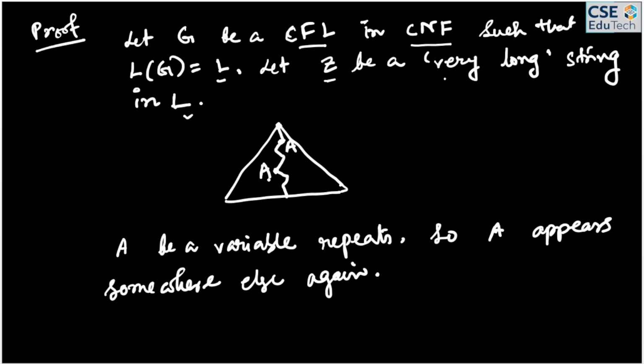So the longest path in this tree, by the pigeonhole principle, must have some repeated variable. Now we take P, the pumping length, equal to 2 to the power k, where k is the number of variables.